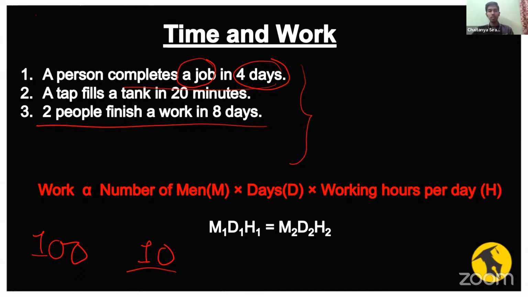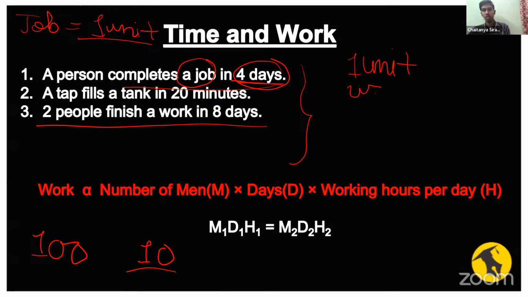Now here we start with an assumption that the job is basically 1 unit. You need to complete 1 unit of work in 4 days. So if I write here, 1 unit of work in 4 days.